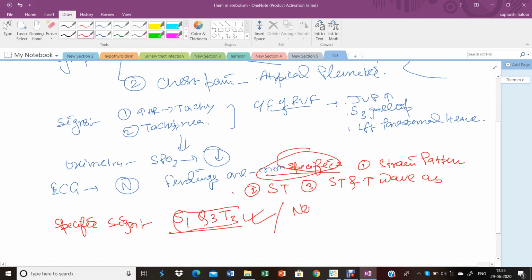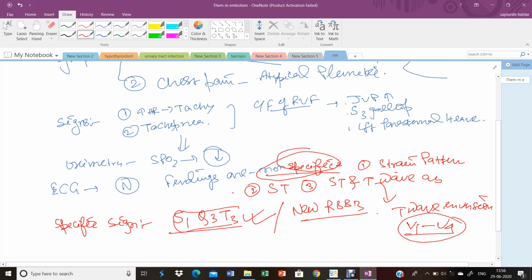But we may see a new BBB pattern if the patient has a previous ECG for comparison. Among non-specific signs, T wave inversion is usually seen in the precordial leads V1, V2, V3 and V4.